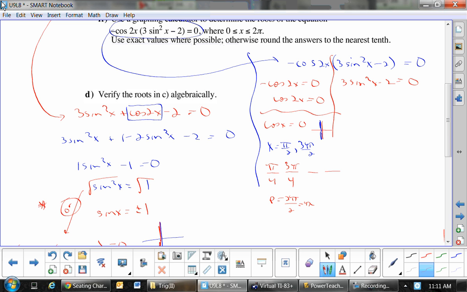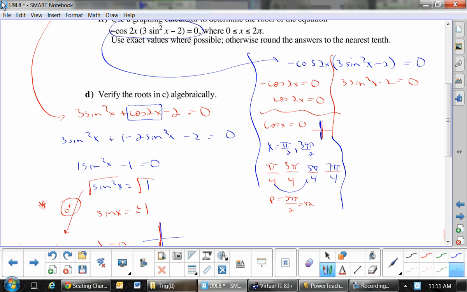Pi, because we want a common denominator, is 4 pi over 4. That would make that 5 pi over 4. 3 pi over 4 plus 4 pi over 4 is 7 pi over 4. Okay, that's just for the one side.